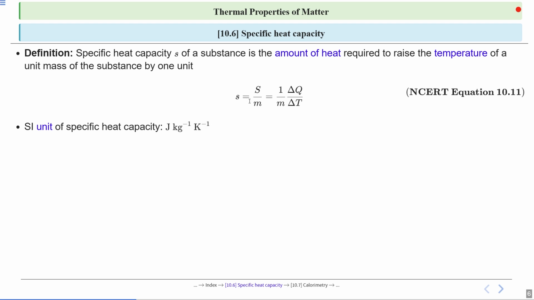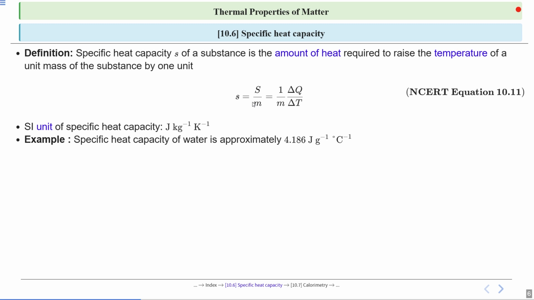From this relation, small s is equal to capital S divided by small m. We know capital S is the heat capacity, that is delta Q divided by delta T. So here we just put the value and we will get the small s, specific heat capacity.